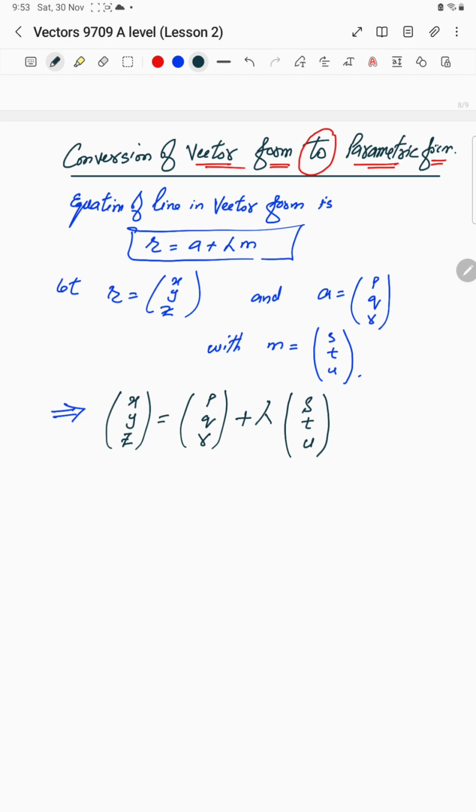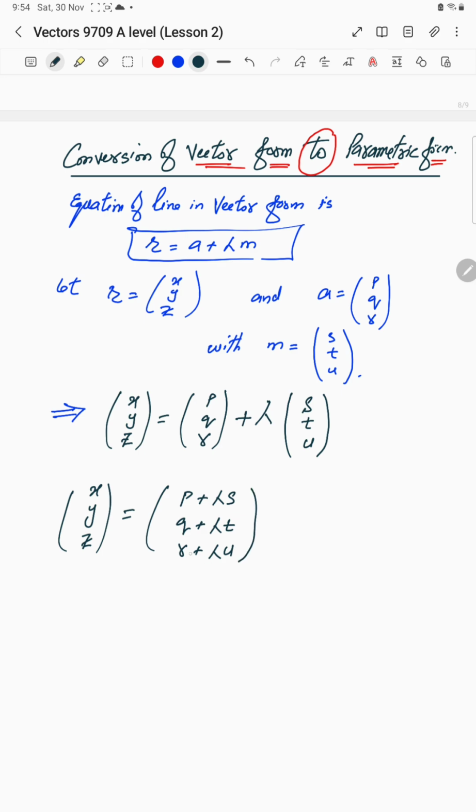Okay, first we keep writing x, y, z as it is. Add these two, we get p plus lambda s, q plus lambda t, r plus lambda u.